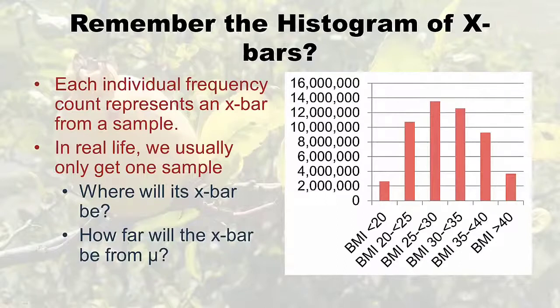So if you look at this histogram, there's a bunch of samples where the mean BMI in the sample, the X bar, was less than 20. And there's also a bunch where it was more than 40. And that's probably not very representative, because you see where most of the X bars are between 25 and 30, right? And so we get worried if we think about, what if we get a sample that's on one of those tails? What do we do about that?